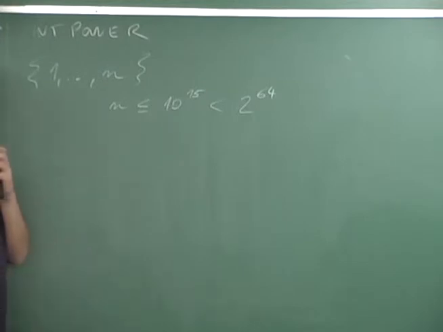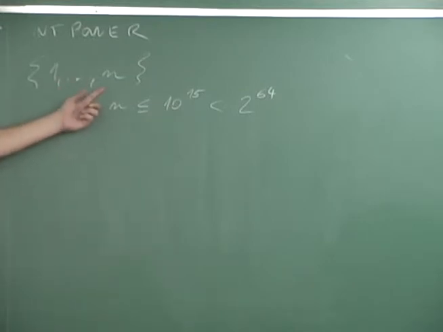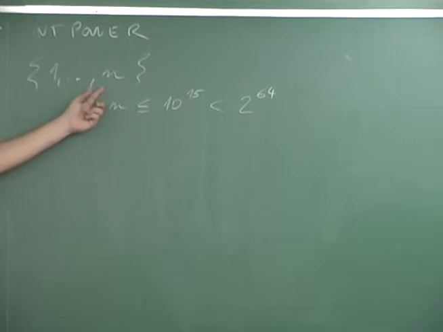And what we now can do is we can take a look at the set, and then we can start asking questions. How many numbers in this set have power 64? How many numbers have power 63, 62, 61, and so on until 2? And when we can answer these questions, then we are done, because we take the count of numbers with power 64 times 64 plus the count of those that have power 63 times 63, and so on.